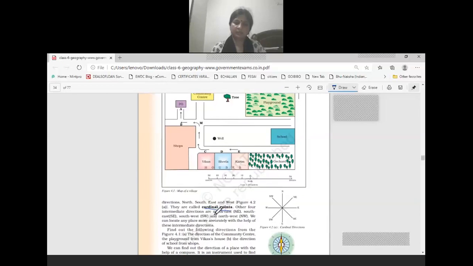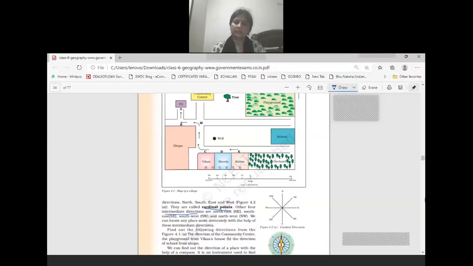We have also some intermediate directions, and these intermediate directions are northeast, which is in between north and east, then southeast, then southwest, and northwest. So we have discussed all these things.